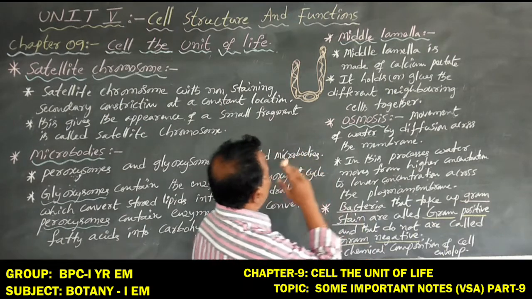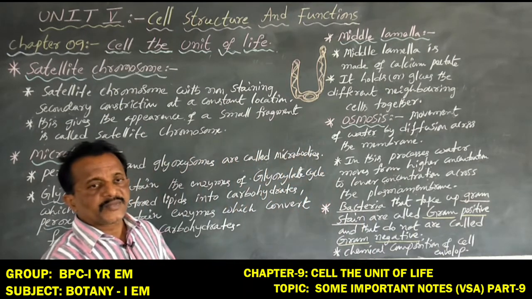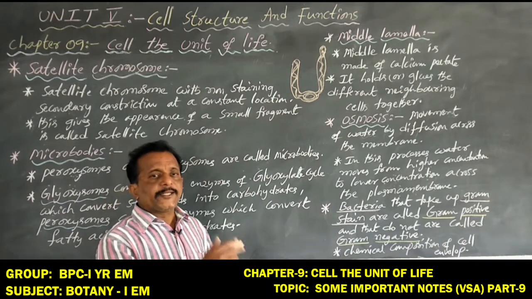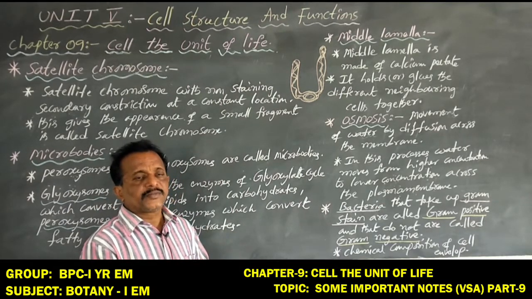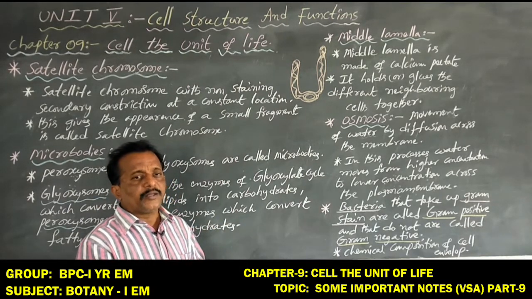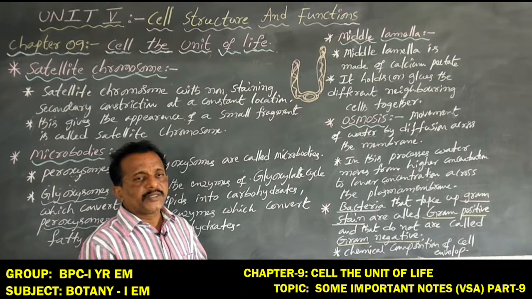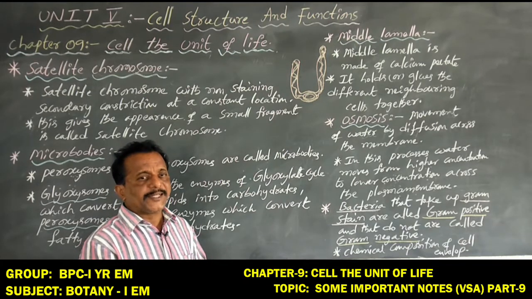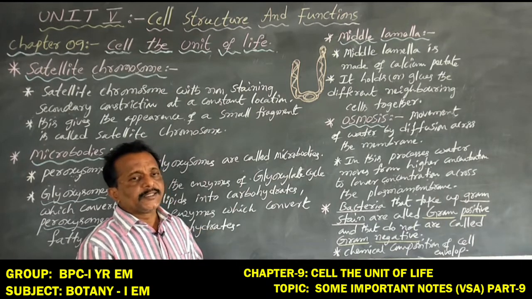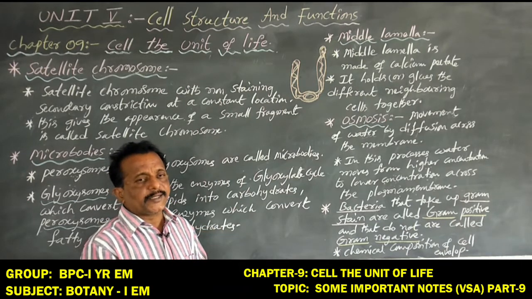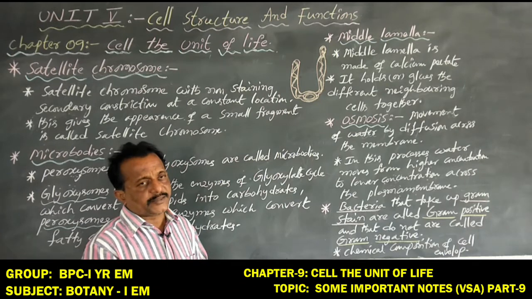And next, coming to the middle lamella. Generally, a single plant cell is surrounded by a cell wall, below which is the cell membrane, and it occupies the cytoplasm. The cytoplasm contains several larger cell organelles and several smaller cell organelles.